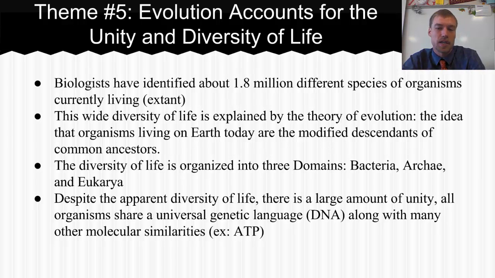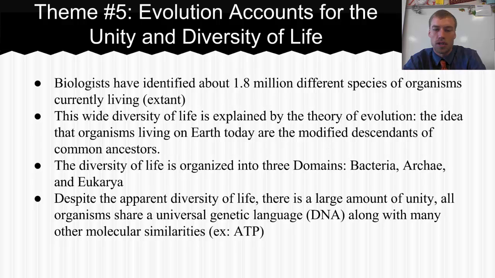And that makes sense because there's a lot of unity within the diversity of life, right? So we've got 3 different domains of life: bacteria, archaea, eukarya. We'll talk about those as we move through the course. But despite there being all these different types of organisms, right? You've got bacteria, you've got humans, you've got dinosaurs, you've got reptiles, birds, there is unity in life in that there is a shared universal genetic language, DNA.